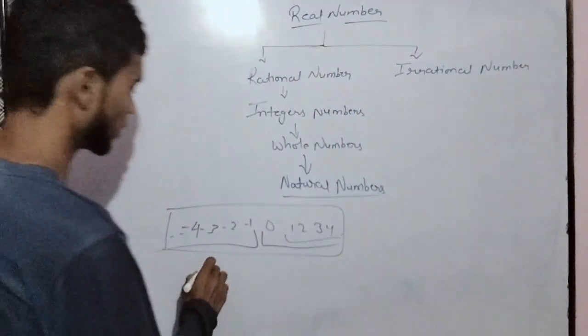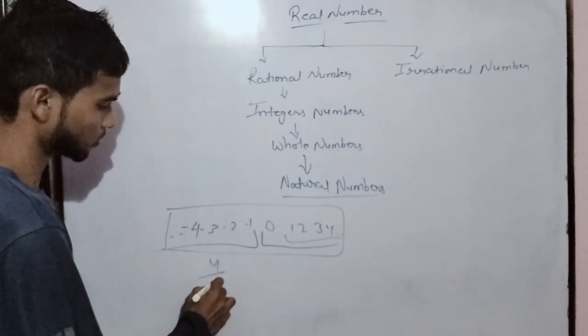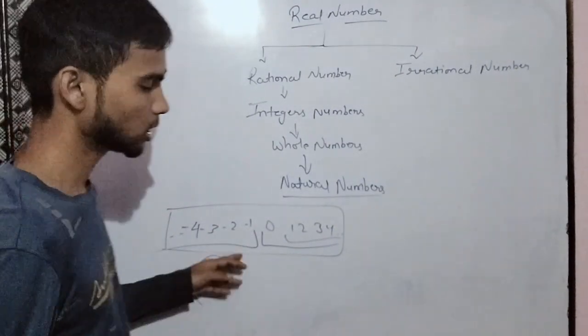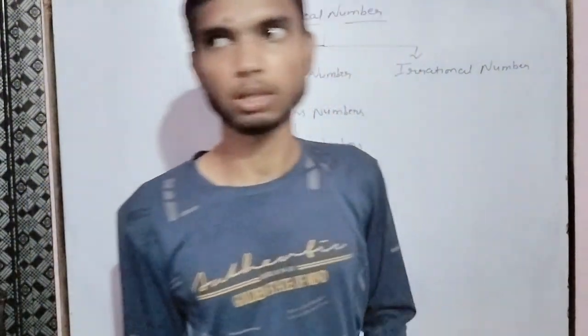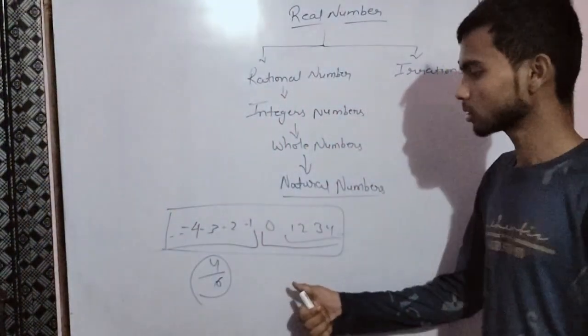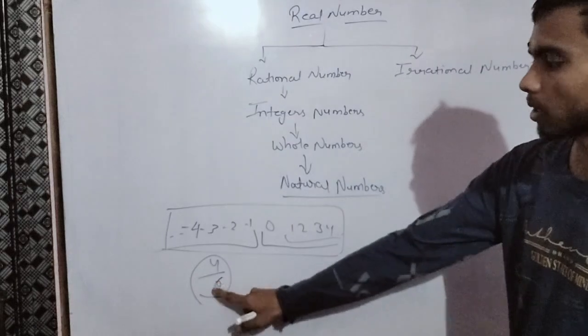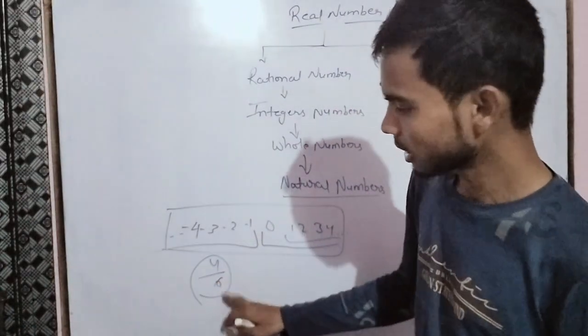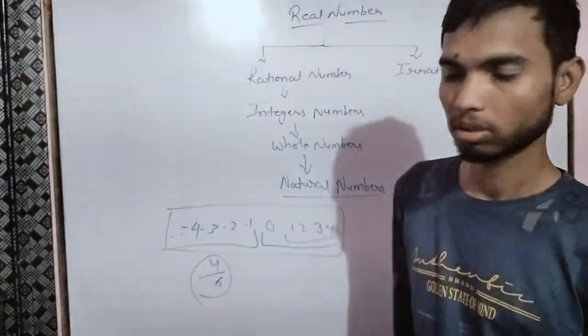But when it comes to 4 by 6, it will not be a whole number. A whole number is 0, 1, 2, 3. This is not; instead it is something upon something.